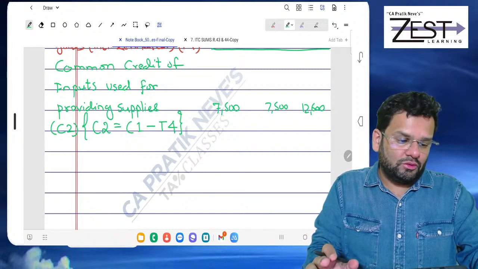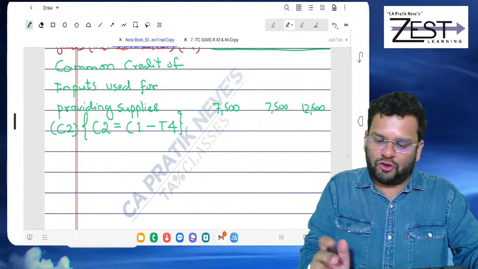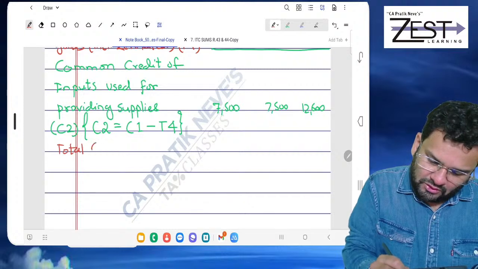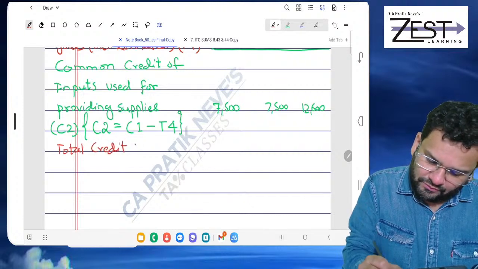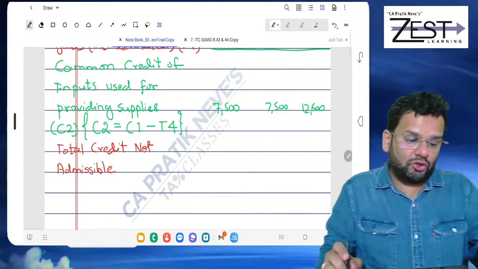Now what you will do, total credit not admissible. So total credit not admissible, of course you will get by way of working note.